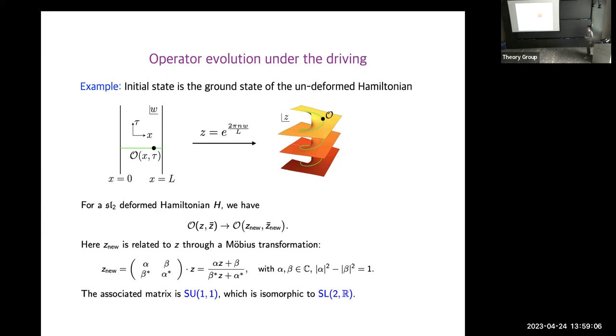But you have some exponentiated operator that has some scales in it, right? So why do you still have conformal symmetry? The question is very simple.